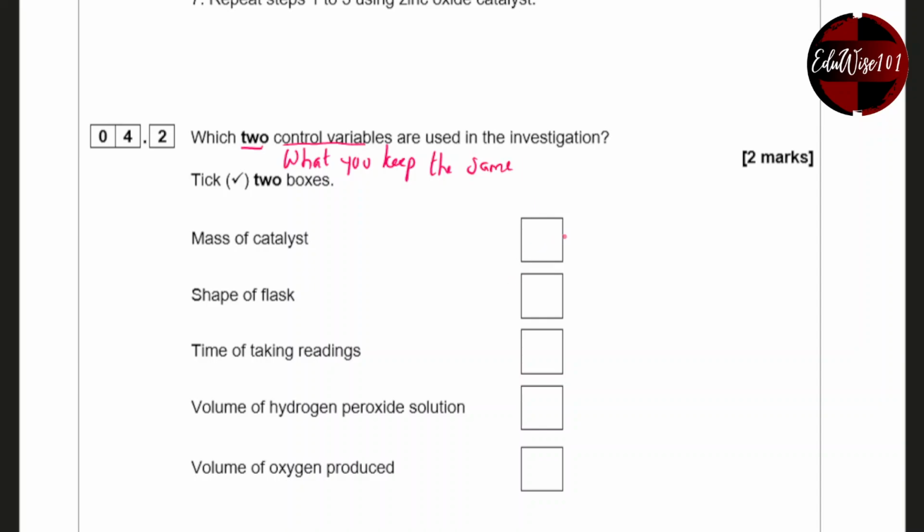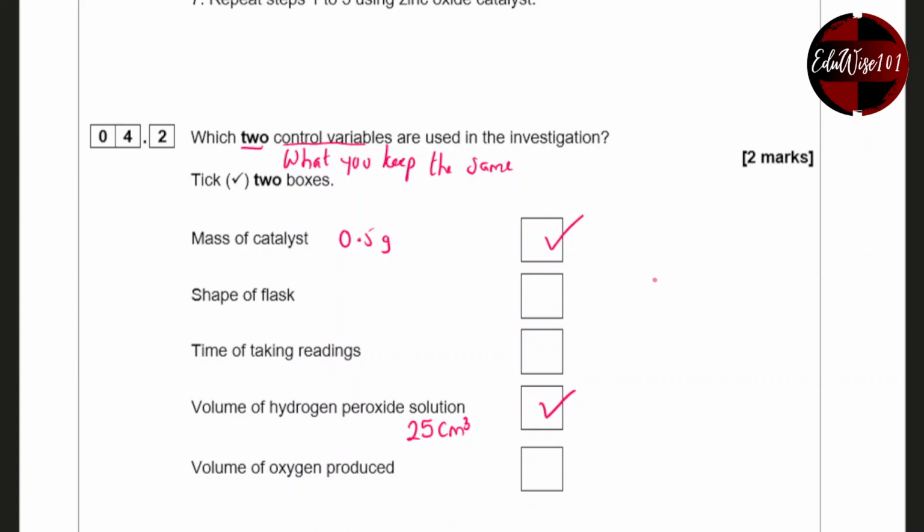So the mass of catalyst used, which was 0.5 grams. Shape of the flask, that doesn't actually affect the rate of the reaction. Time of taking readings, not necessarily. Volume of hydrogen peroxide, yes, because they're using 25 centimeter cube all the time. Oxygen gas, that depends on the catalyst and the time.